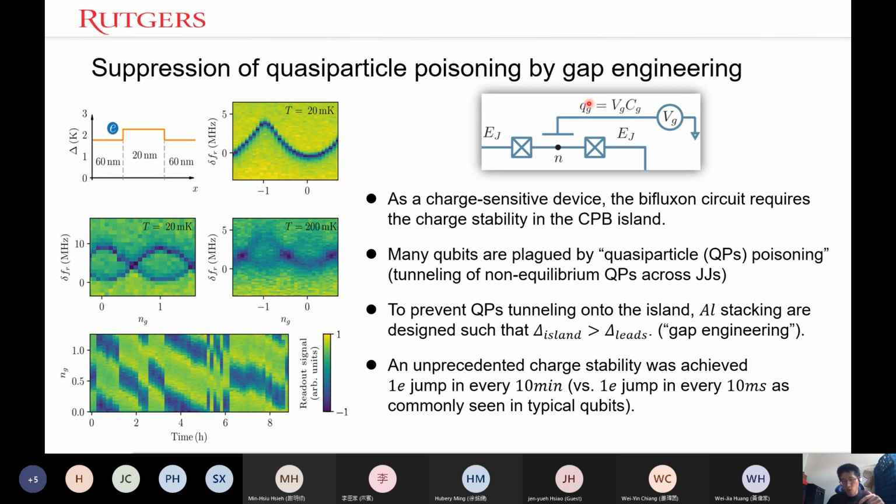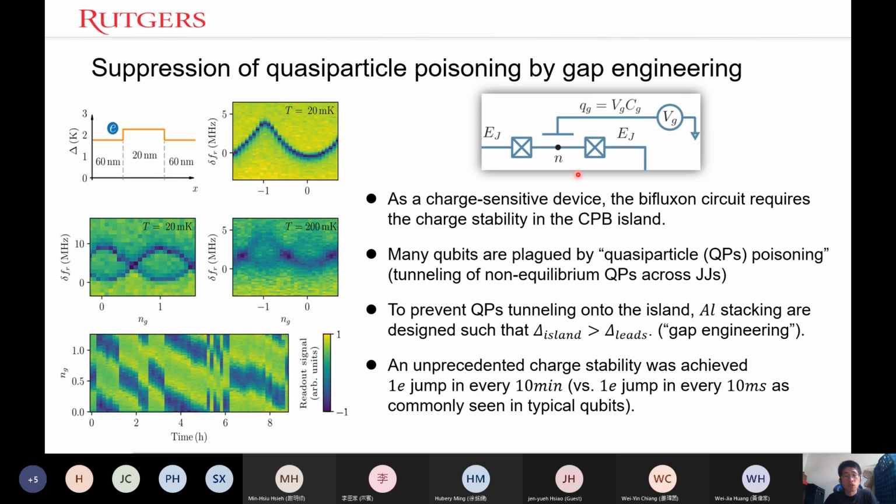When cosmic rays hit, for example, your silicon substrate, they generate phonons, and these phonons interact with the superconducting Cooper condensate and break it into single electrons that might accidentally tunnel onto our island.